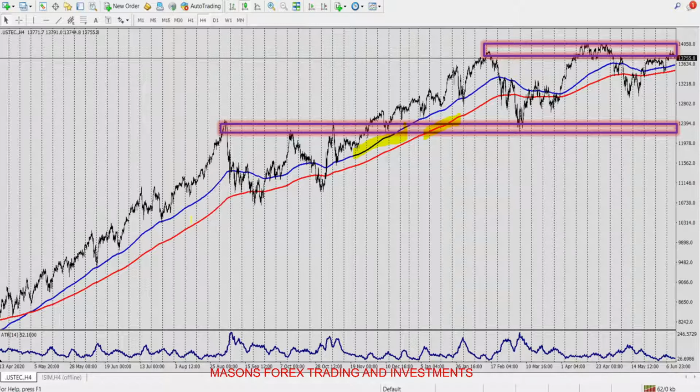As price reaches this specific area, it moves away. It does that again, pushes up, retraces. We can define this as a resistance area.